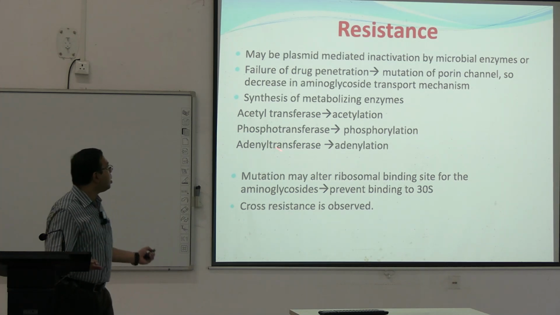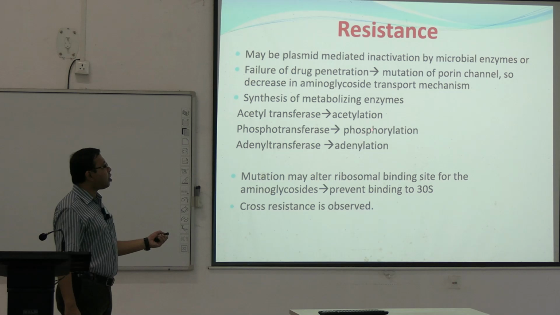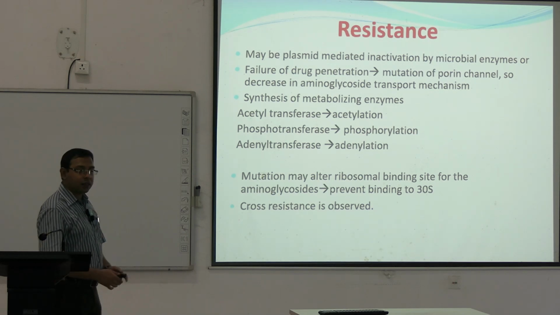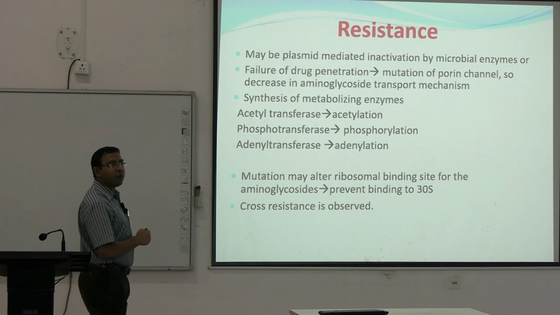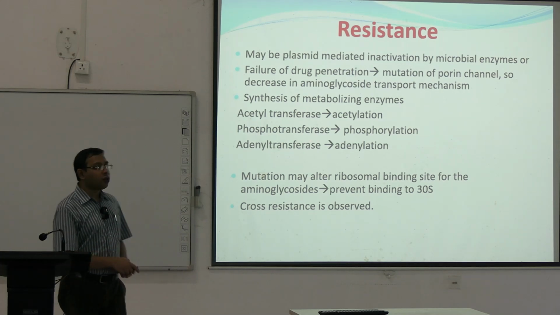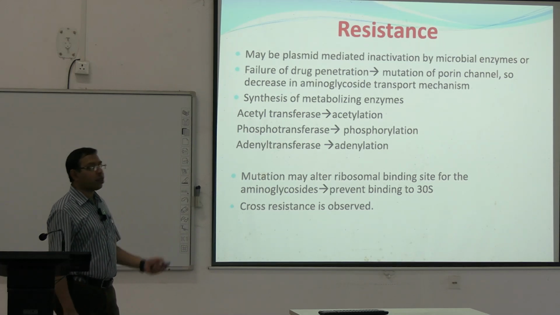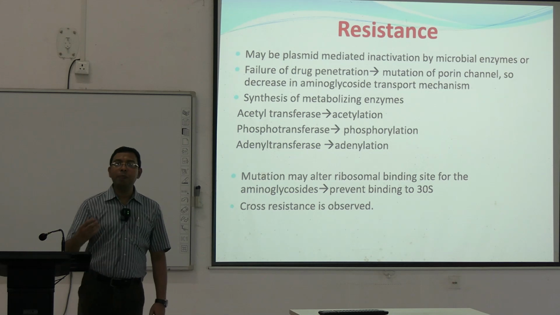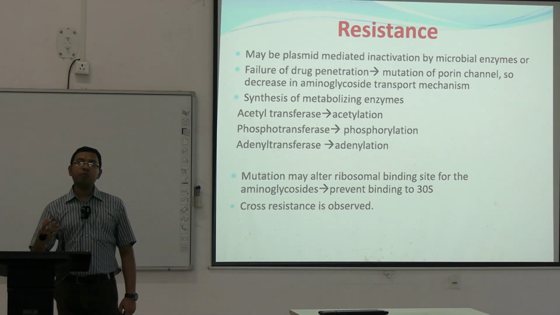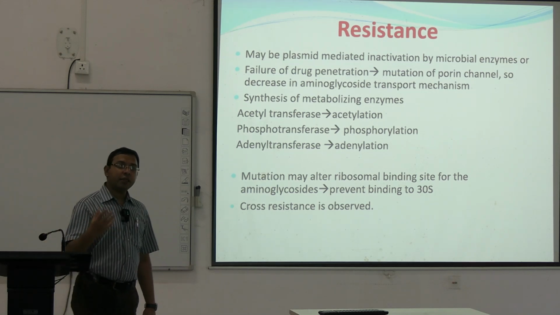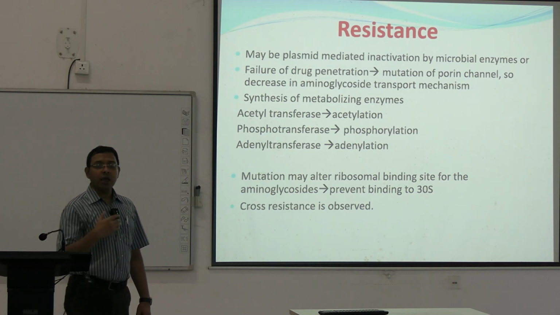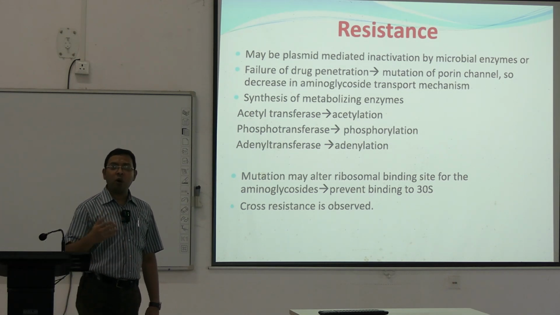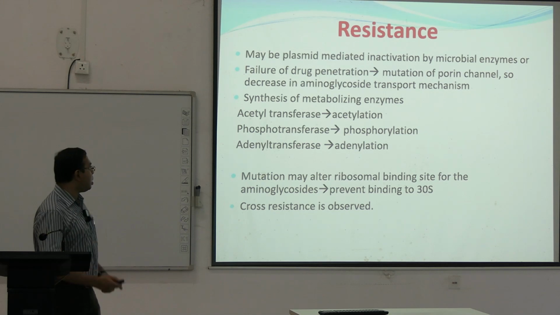This may happen due to acetylation, phosphorylation and adenylation, through enzymes like acetyl transferase, phosphotransferase and adenyl transferase. These enzymes will be more expressed, and ultimately cause more metabolism of the aminoglycosides if we use them for a long period of time in an individual.